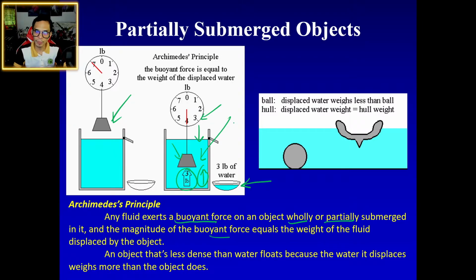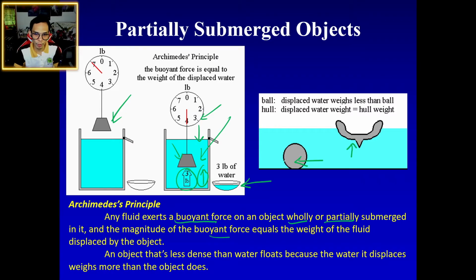Now, in the case of the ship itself, why does the steel ball sink when ships do not? It's because the weight of the displaced water is less than the ball itself.